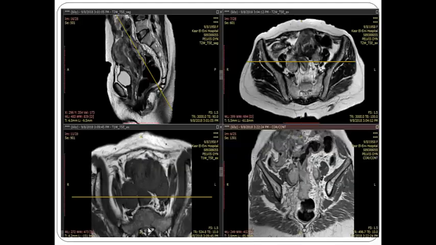But this is the uterus and these are the bilateral ovaries, and this is another thing which is more grave than our diagnosis in the first setting.